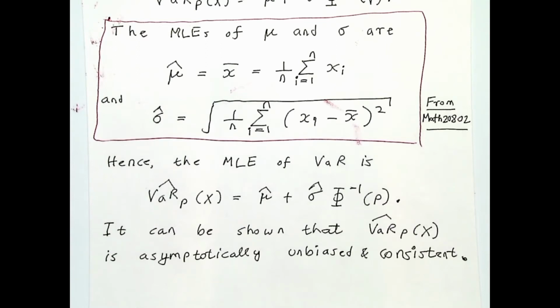In the previous slide, I showed you what asymptotically unbiased means and what consistent means, right? So I would like you to try to prove that this is in fact asymptotically unbiased and is also consistent when you have time. Okay.